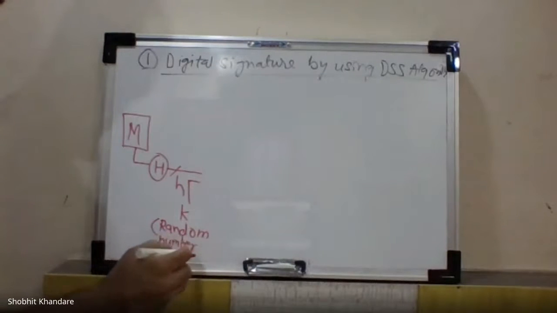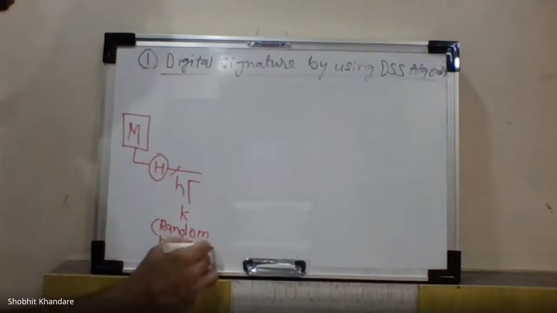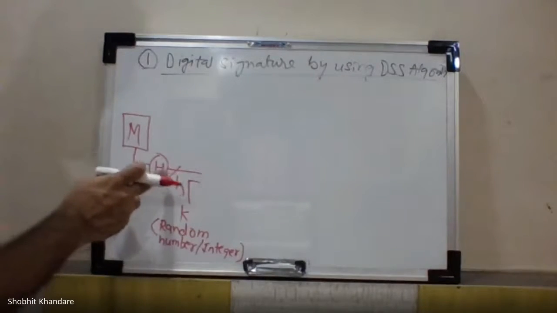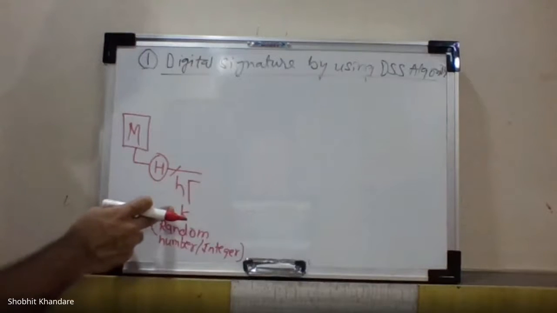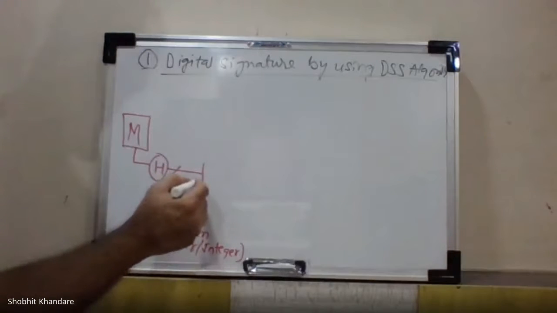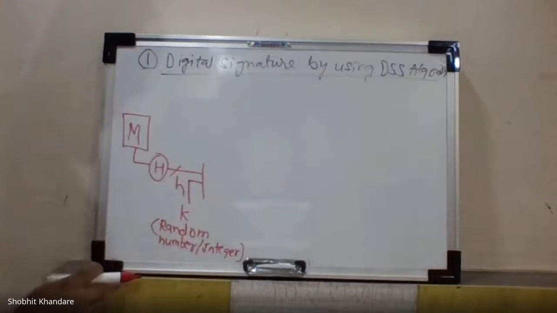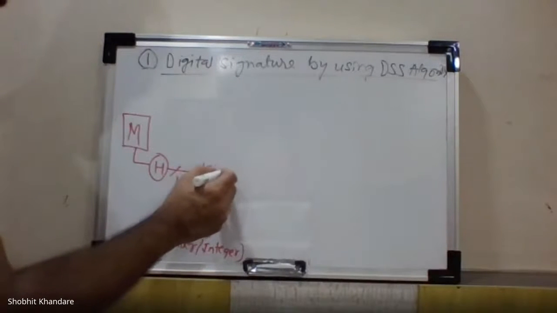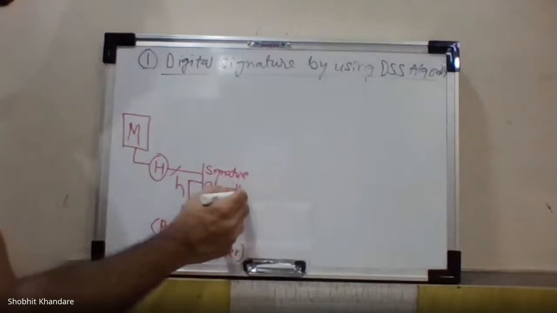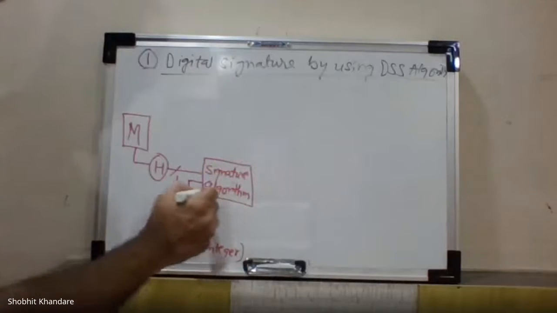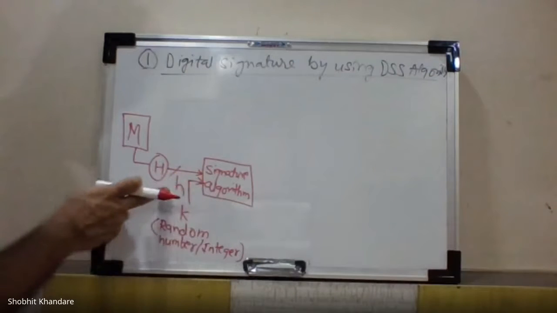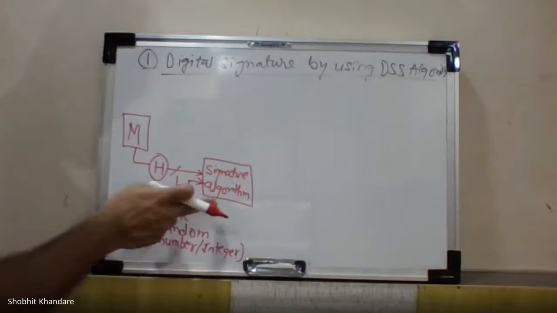Please draw the block diagram along with me. Along with the hash code and small k, which is the random number or integer, we'll see what small k is. They are given as an input to the signature algorithm. So the input is small h and small k given to the signature algorithm.